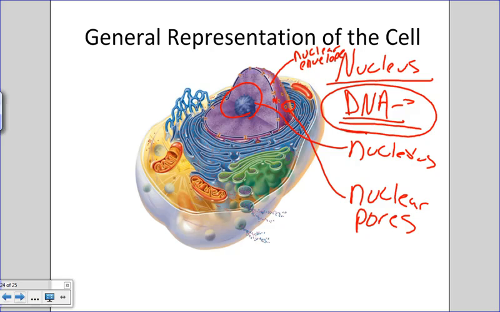I just mentioned that DNA is the code for making proteins, so if DNA cannot leave the nucleus, there has to be some other way of doing this. Basically we use what's called RNA, more specifically messenger RNA. It's a message template that's formed from DNA, and that RNA travels out the nuclear pores to the protein making machinery of the cell.